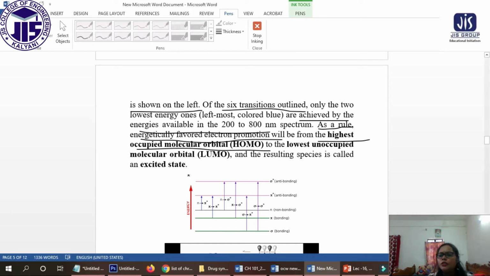You don't have too much about the HOMO and the LUMO in your syllabus, but just to understand, this is the energy levels where the electrons are occupying, and the HOMO means the highest occupied molecular orbital, and the lowest unoccupied molecular orbital is called the LUMO. Okay, and the resulting species is called an excited state.